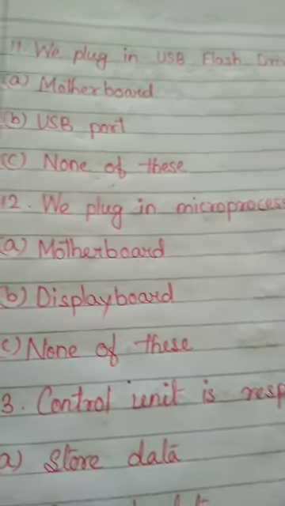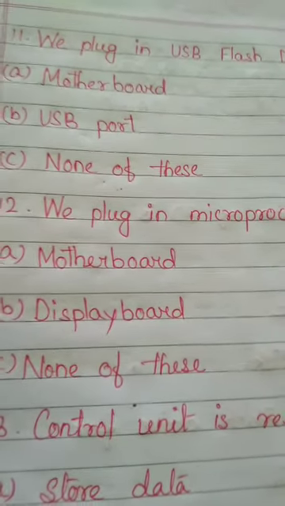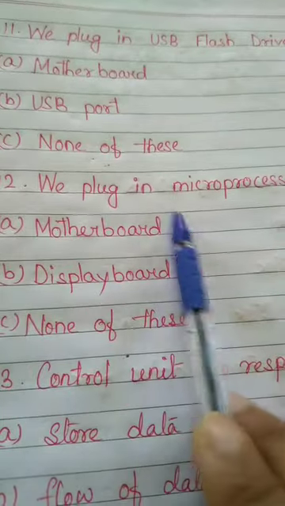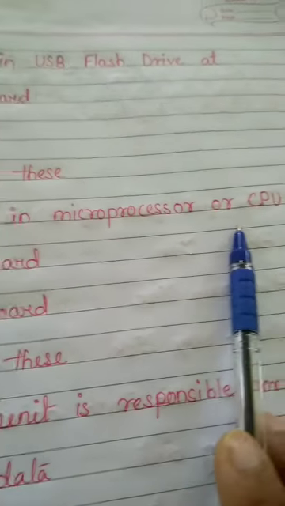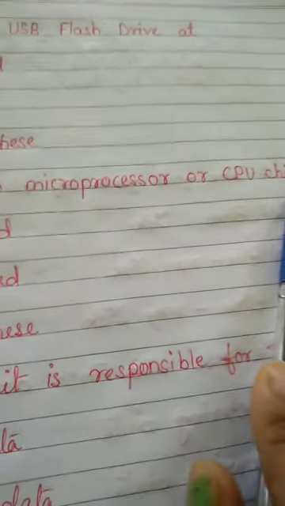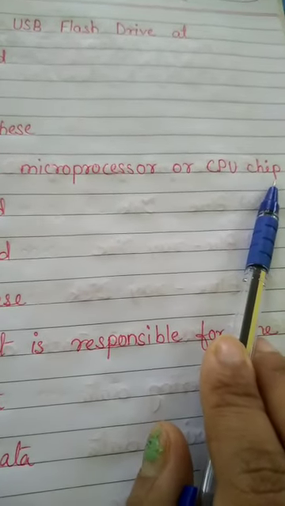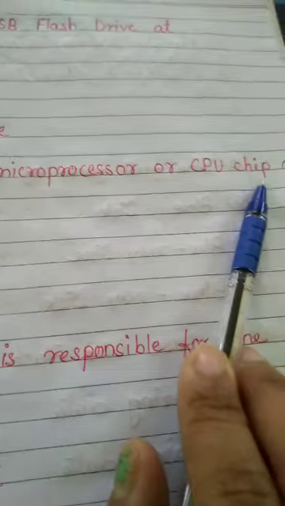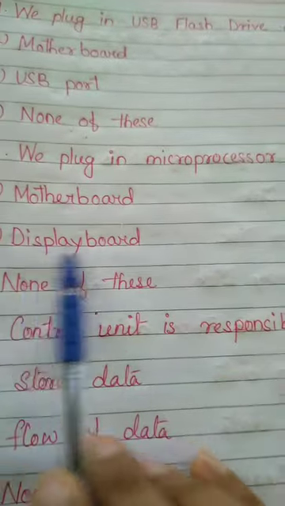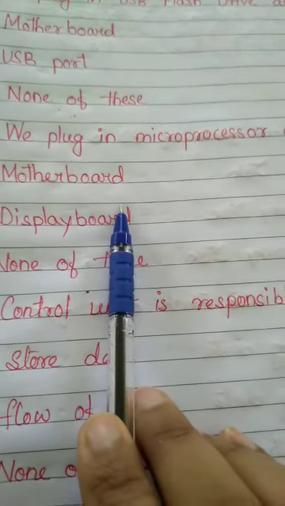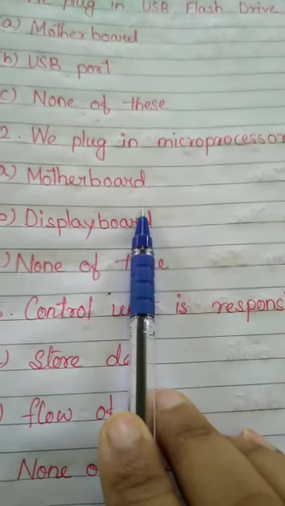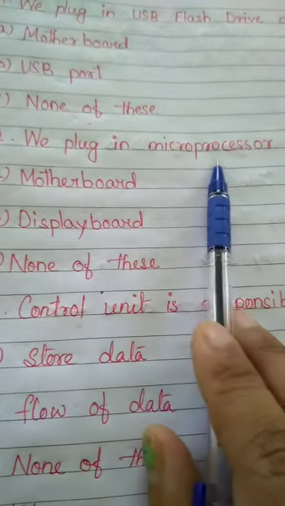Question number 12. We plug in microprocessor or CPU chip. We have studied about microprocessor, or you can say CPU chip, in our previous chapter. Okay. So this one is the extra question I have taken from the previous chapters. We plug in microprocessor or CPU chip.